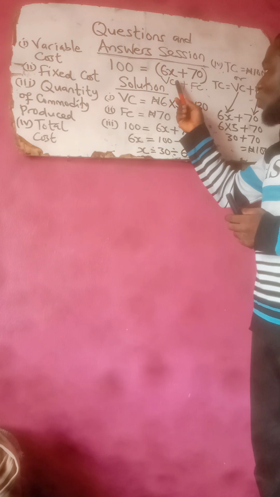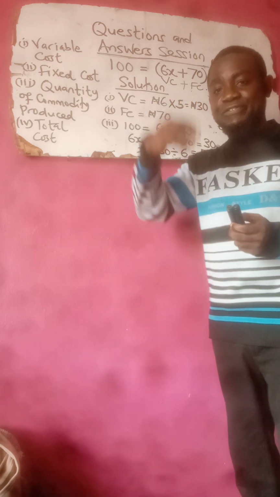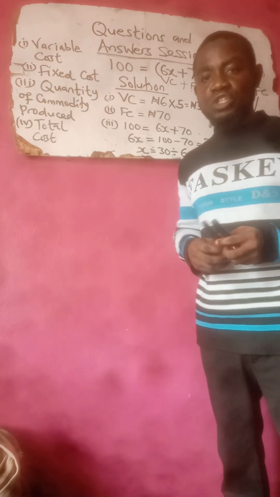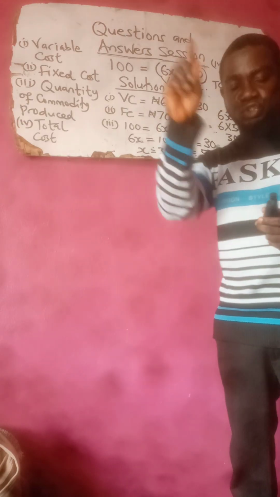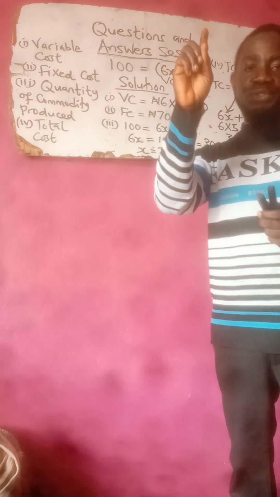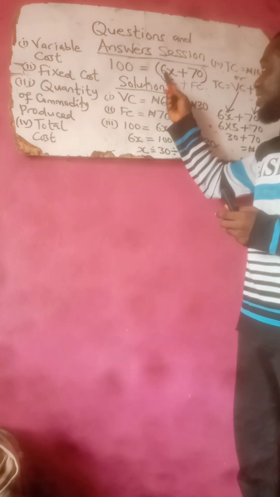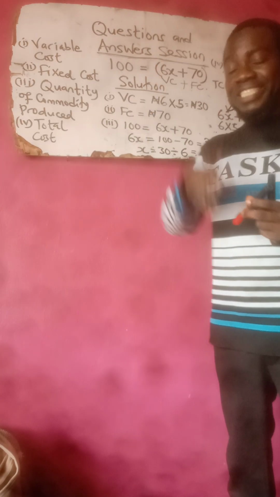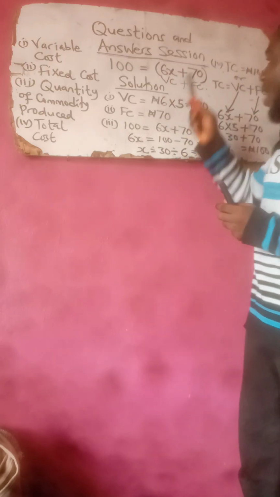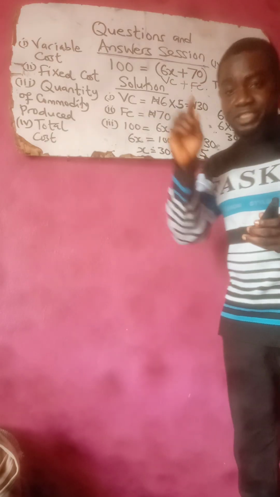When we say variable cost, we are talking about costs that vary with the quantity of output produced. In this case, the 6 represents the cost per unit of the quantity produced. I repeat, the 6 naira here stands for what? The cost per unit of the quantity X produced. While the 70 stands for the fixed cost.